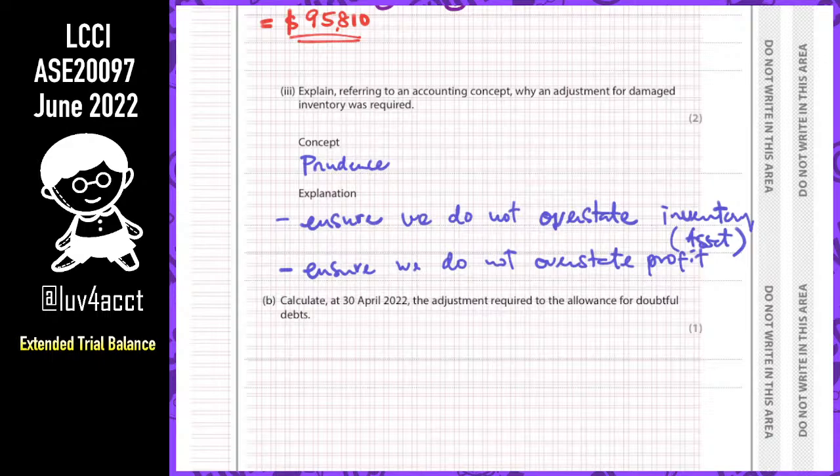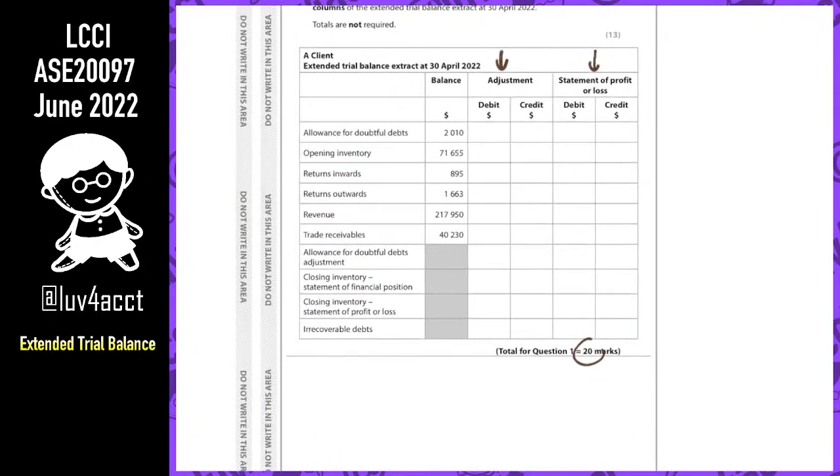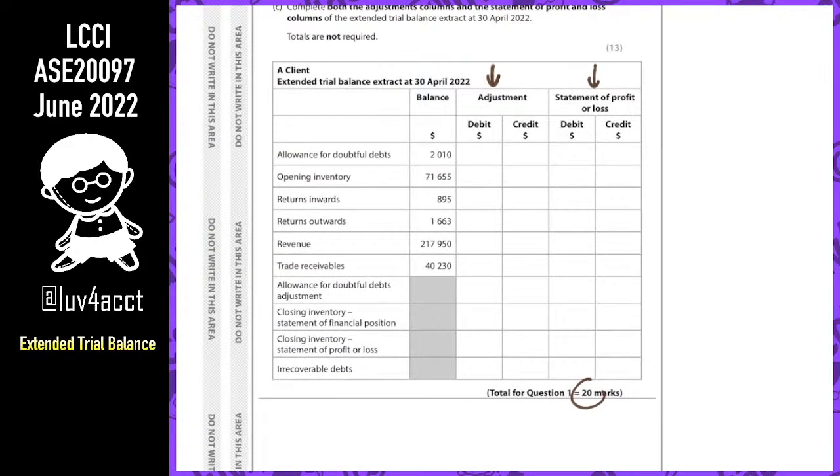Next one, calculate the adjustment required for the allowance for doubtful debt. For the allowance for doubtful debt, we need to look at the balance. So the opening balance for allowance for doubtful debt being 2010. This is our opening balance. And we also have trade receivables 40230.